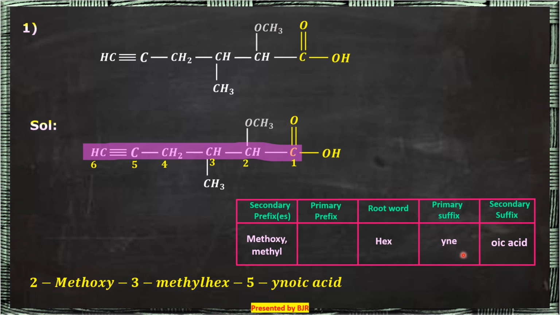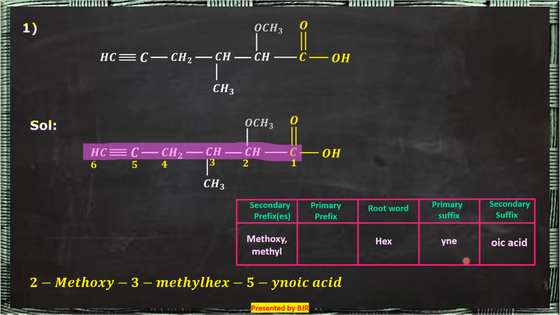Here the terminal E from the primary suffix is dropped. See here, I have written YNOIC acid. So here the terminal E from INE is dropped. Why?